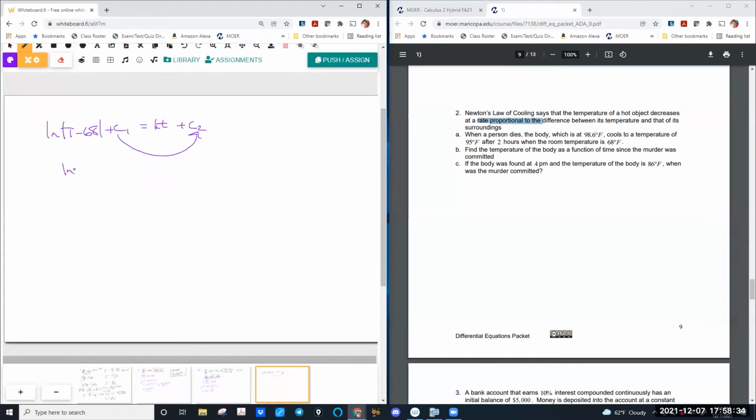So we would have ln of T minus 68 equals, and what would that look like? KT plus C2 minus C1. But this, we would just absorb into another constant. So we would just say, okay, equals KT plus C, where C is just C2 minus C1.